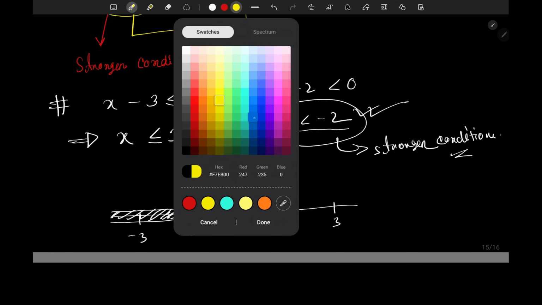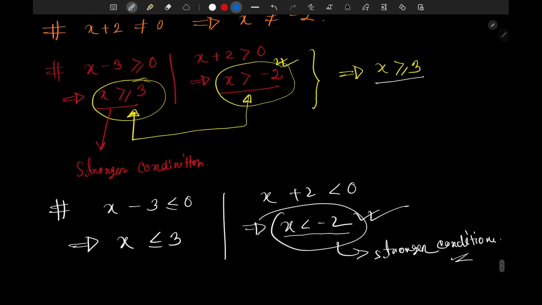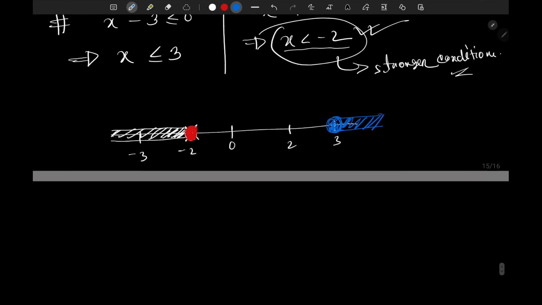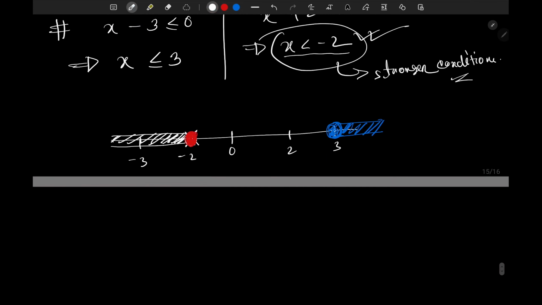And the other condition tells me that x is greater than or equal to 3. Yes, so this is 3 and this is greater than or equal to 3. This is the stronger condition, right? And it goes on both ways. So what we have for the domain is x belongs to R such that the domain runs from -infinity, which is not included.